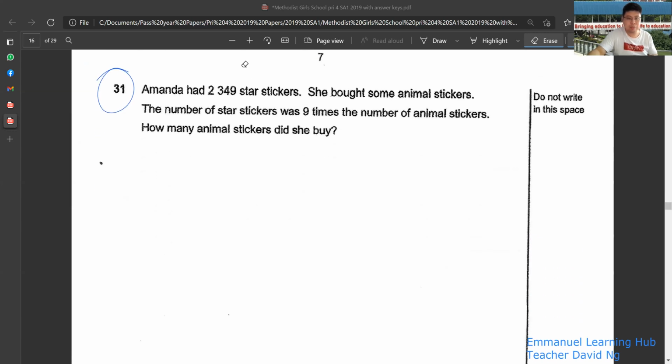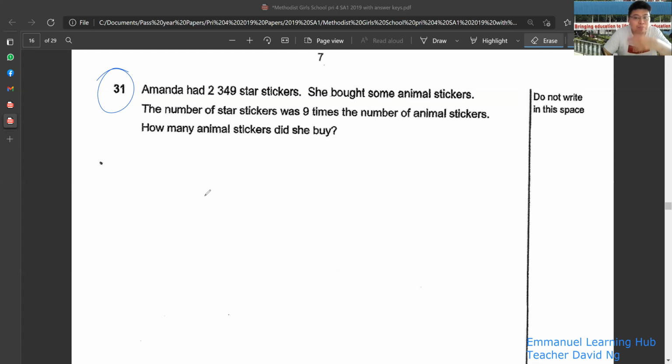Question 31. Okay, Amanda had 2,349 star stickers. She bought some animal stickers. The number of star stickers was 9 times the number of animal stickers. How many animal stickers did she buy?